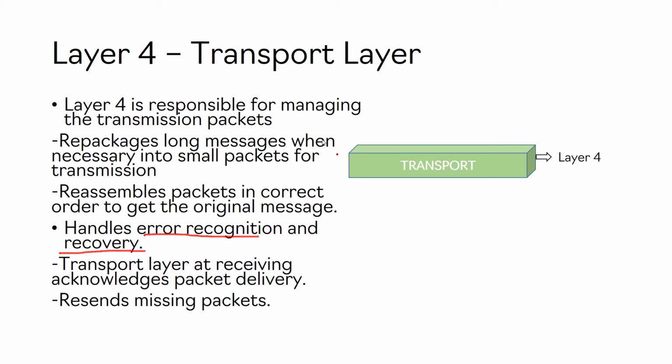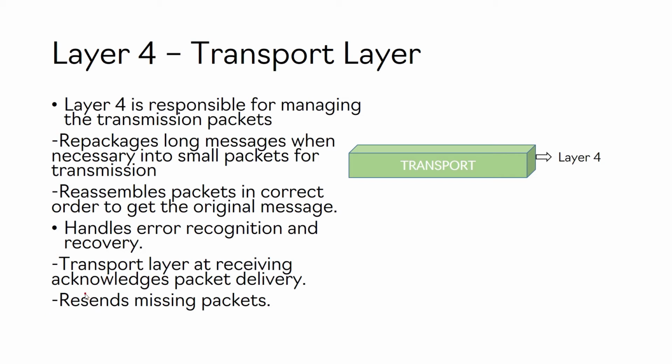Again, another important function that is undertaken by protocols in the transport layer is the acknowledgement of packet delivery. When information is sent from a source to a destination, you want that information to be sent reliably, such that the person it is meant for receives it and gives a confirmation that it has received such information.